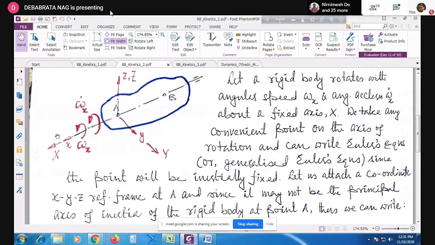Earlier কি হয়েছিল, আমাদের x axis টা axis of rotation হয়েছিল। তাহলে সেইভাবে I had written my equations of motion. Now it is the case that your axis of rotation is now becoming the z axis, not the x axis. So you are now going to write your equations.